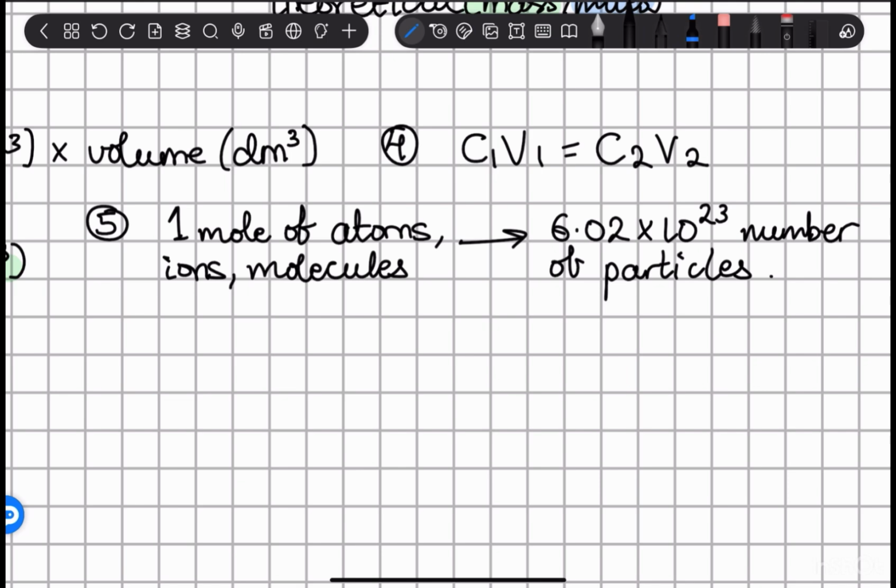So 1 mole of, let's say, carbon contains 6.02 times 10 to the power 23 number of particles. That's basically what this is. It's the relationship between moles and the Avogadro's constant. They are always linked together.